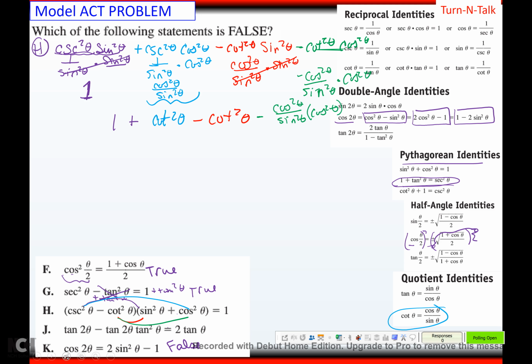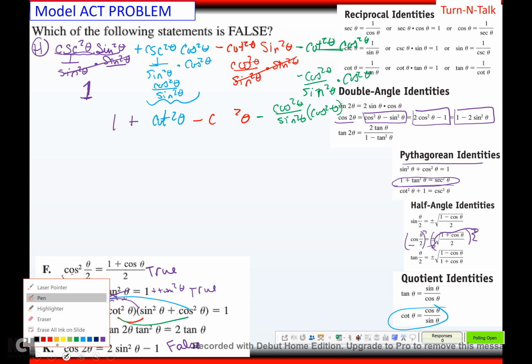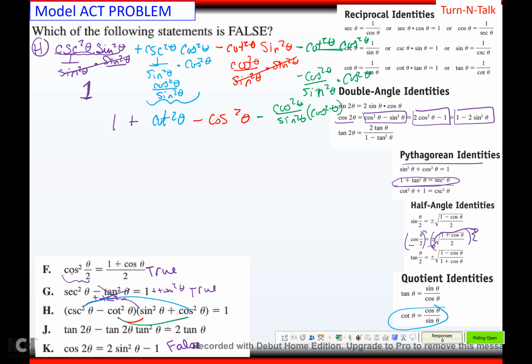Okay, so now I have to do some interesting things here. I'm trying to figure out if I can rearrange these somehow. Oh, that's not cotangent, that's cosine. My bad. Hold on. Is that cosine? Yeah, sorry, I screwed that up. That's cosine squared theta.